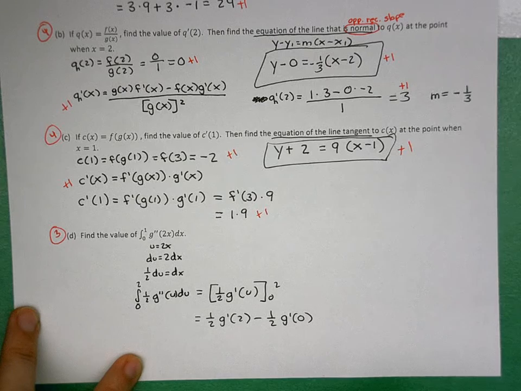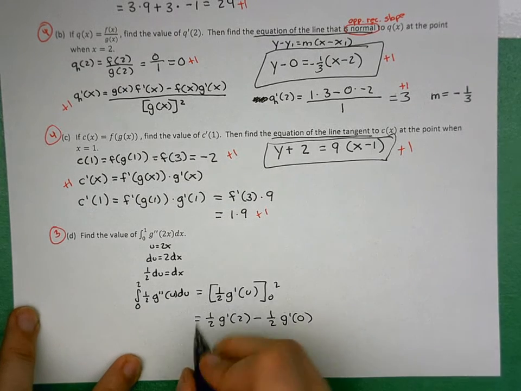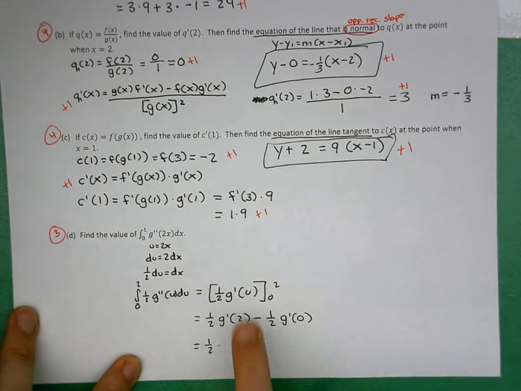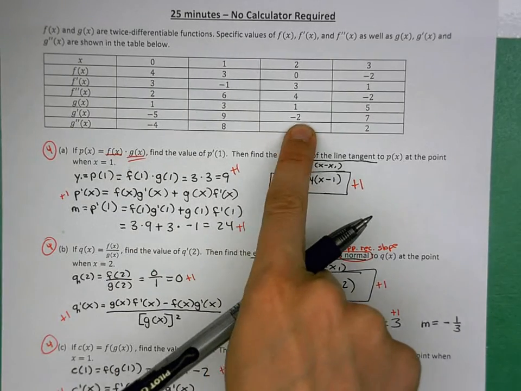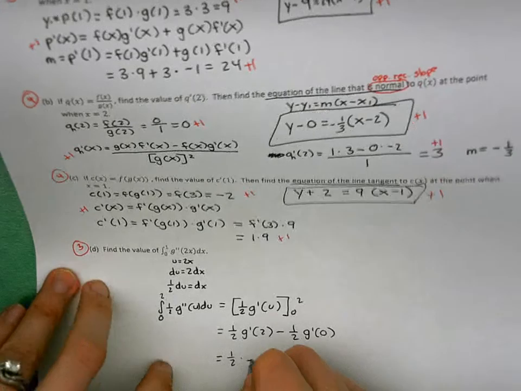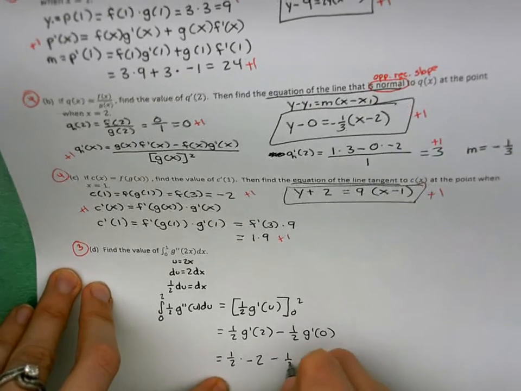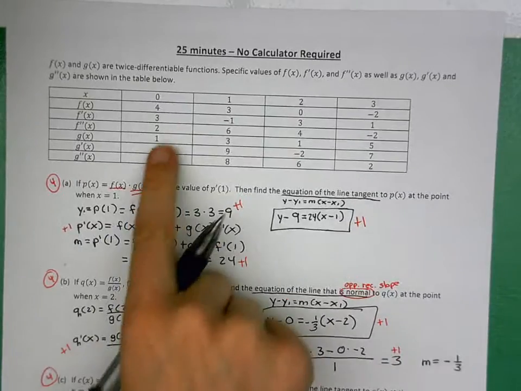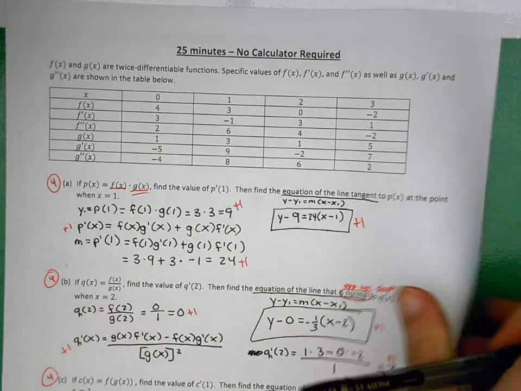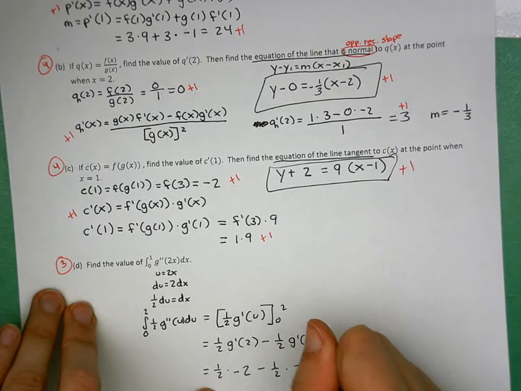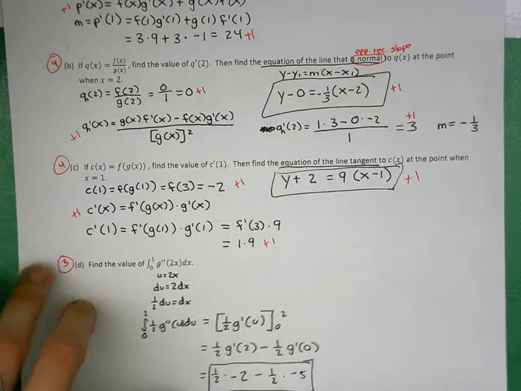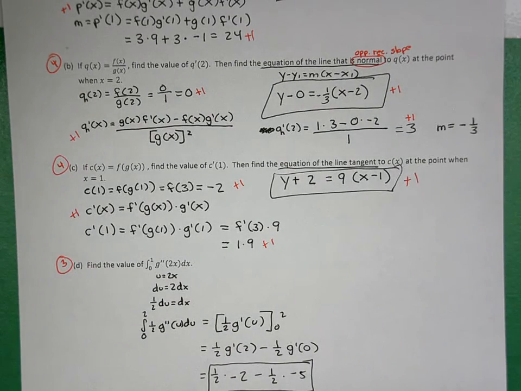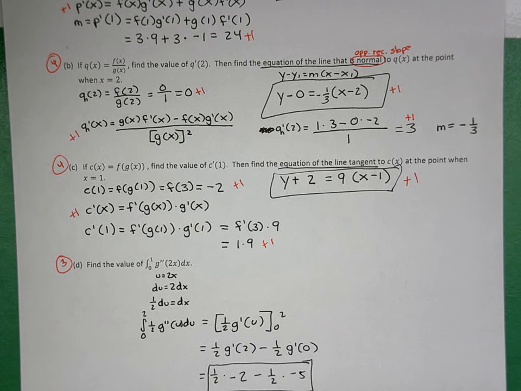Okay. G prime of 2 then, up in the table, here's g prime, 2 is negative 2. Minus g prime of 0, up here in the table, g prime 0 is negative 5. And then again, one more time, you don't have to simplify anything, so I'd leave it there. But if you did simplify, this would be negative 2 halves plus 5 halves, which is 3 halves.